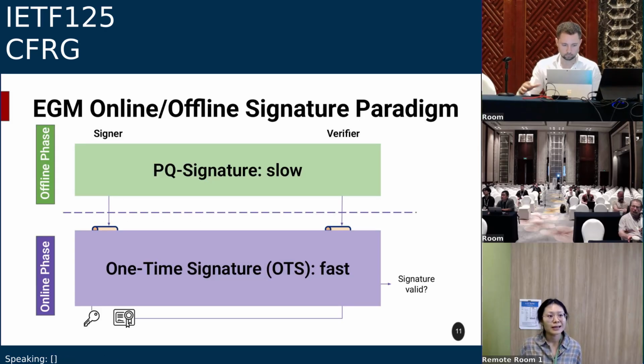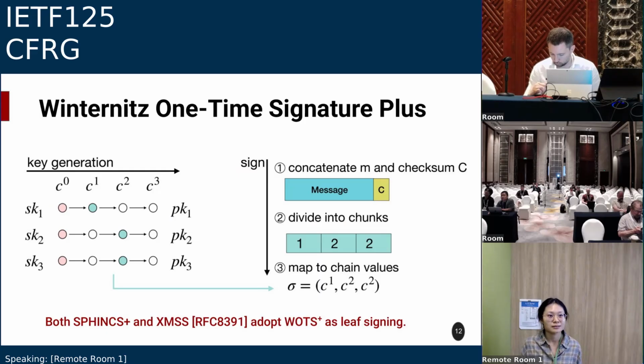This EGM-style paradigm allows us to combine the slow post-quantum signature with a fast one-time signature that is performed online. In our instantiation, we combine Dilithium 2 with WOTS+. Here's how WOTS+ works. Basically, the secret keys are random values, and we do several rounds of hashes to get the public key.